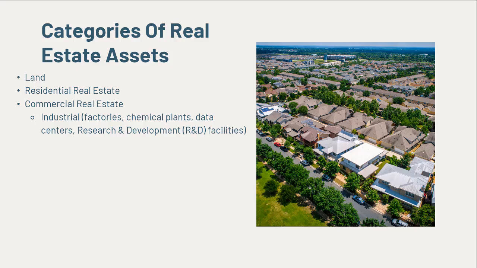Research and development facilities are all examples of industrial uses. Warehouse space is just a place to store things. This can be temperature controlled. For example, for food storage, there are warehouses that are refrigerated. Amazon, for example, has goods that don't necessarily need to be refrigerated, so they just have open warehouse space. This is again where goods are stored before they're distributed to their end use.